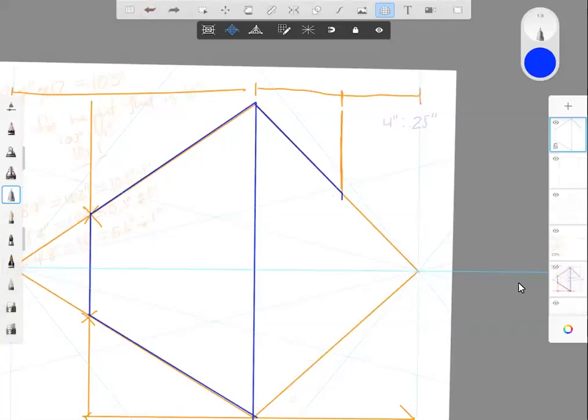Pardon me, that wasn't correct. We would measure 0.25 inches here. If we measure it here, it's going to be too wide up here. Okay. So then that becomes the thickness.